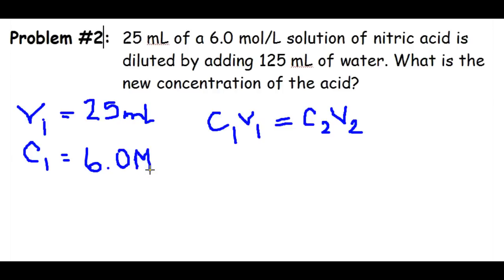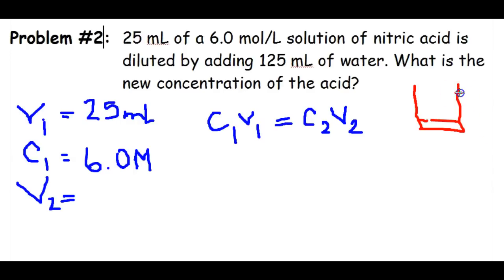And then I'm going to add 125 milliliters of water. So some of you are probably thinking that V2 is 125. And you'd be wrong, because if we conceptualize this problem, just imagine, right? I have a container, presumably, that at the moment has only 25 milliliters of solution in it, right?